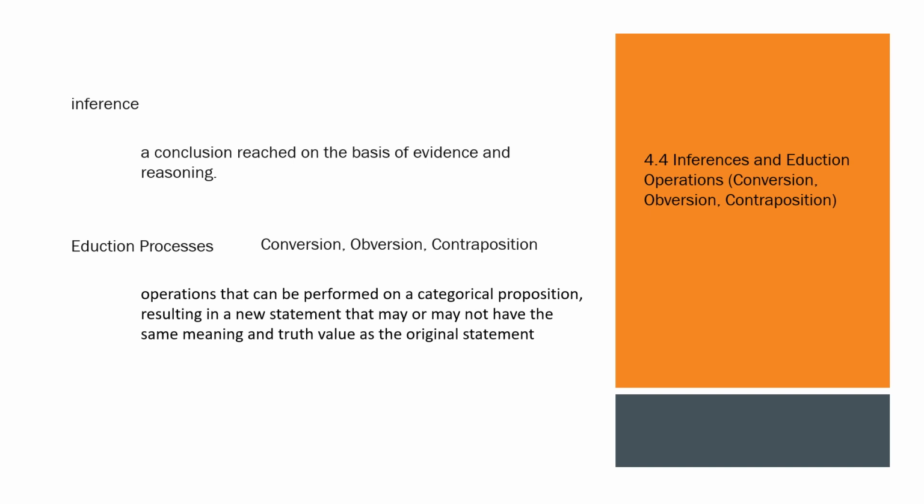And they will result in a new statement that may or may not have the same meaning and truth value as the original statement. So it's going to be a reformulation of the given, right? Now the result may be totally new or only partly new. Now let's see how it happens. Let's have conversion as our first operation.